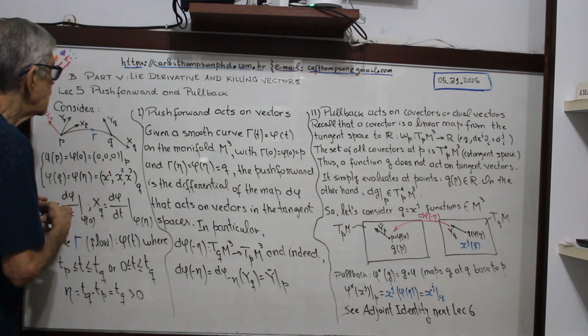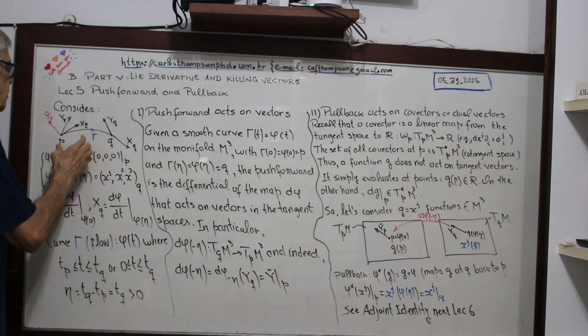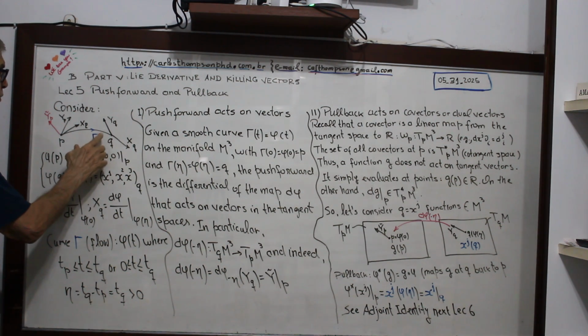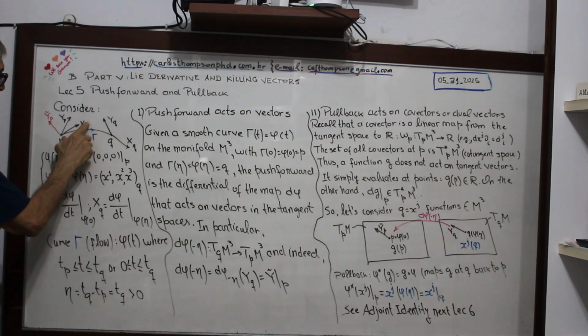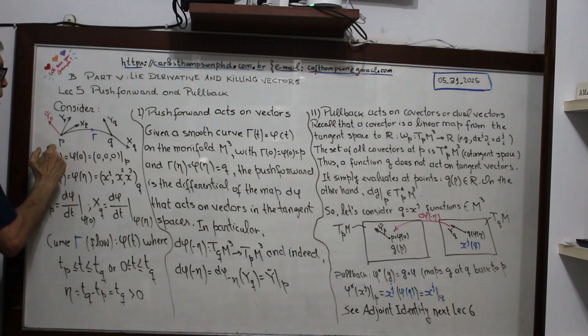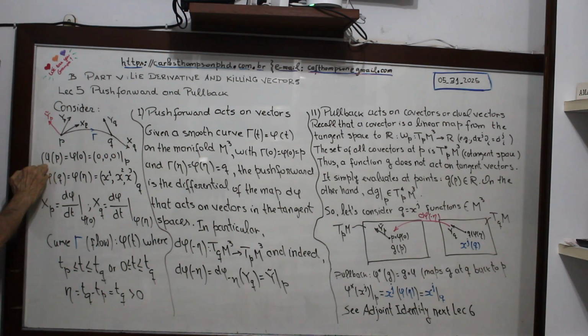So let's consider this figure here, P and Q. That's a curve gamma. Those are tangent vectors X at P, X at Q. So this is phi of P, phi of 0.